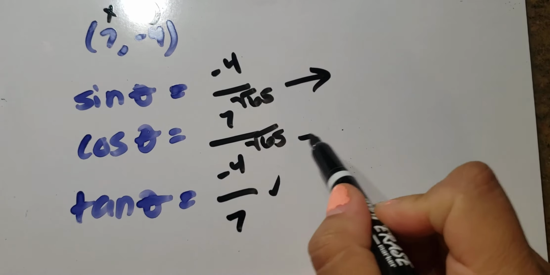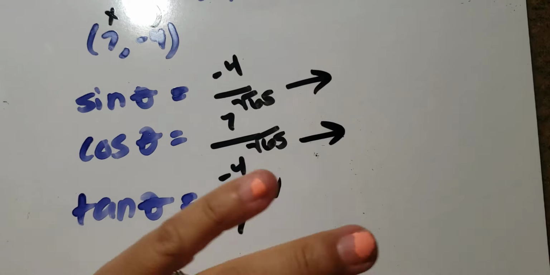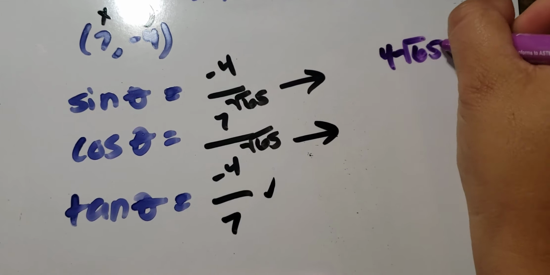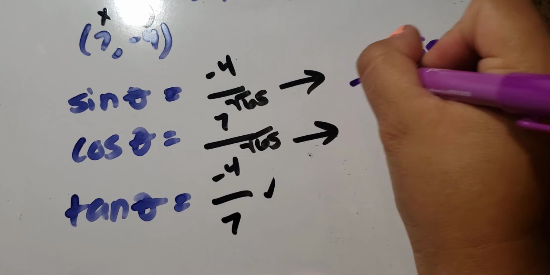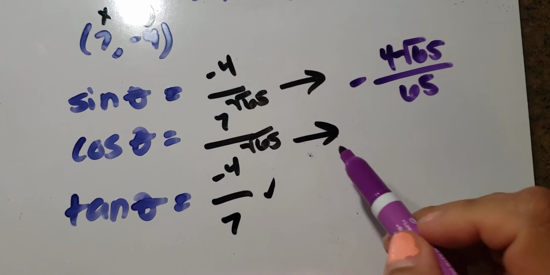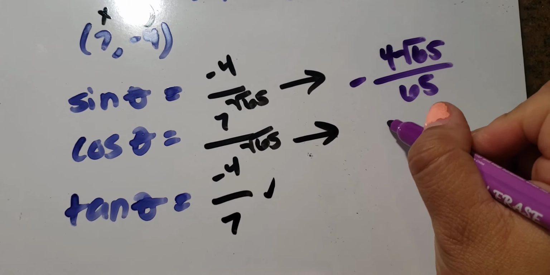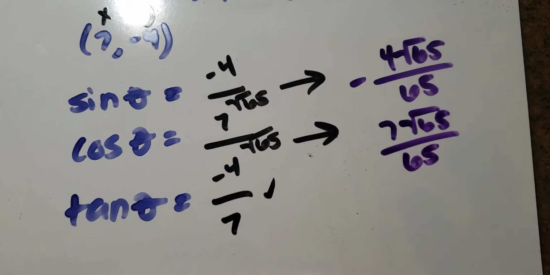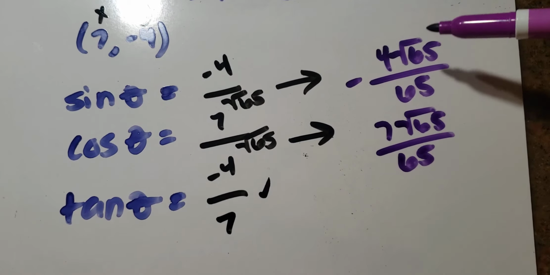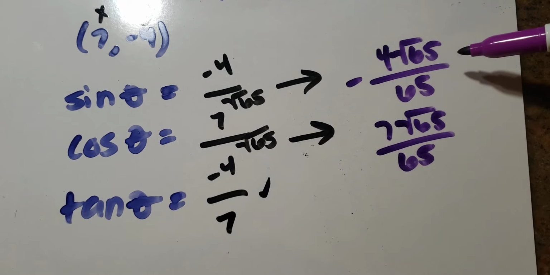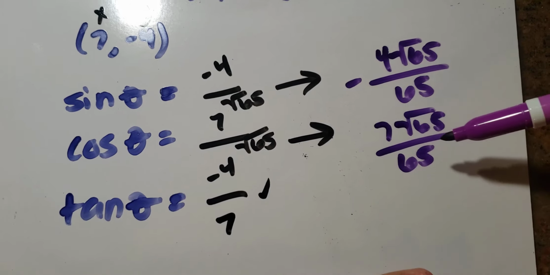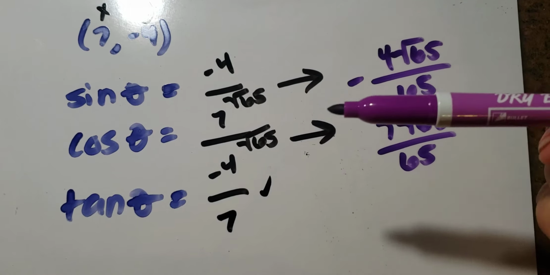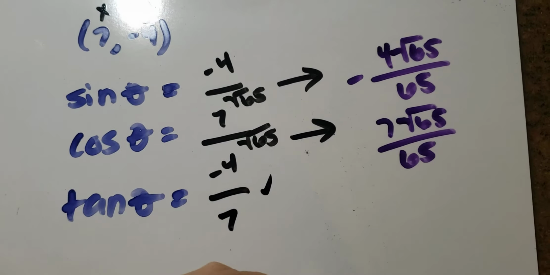So if I clean this up, we should end up with -4 radical 65 over 65, okay? And then if I clean the second one up, we get 7 radical 65 over 65. Okay. So sine of theta is -4 radical 65 over 65. Cosine of theta is 7 radical 65 over 65. And of course, tangent is just -4 over 7.